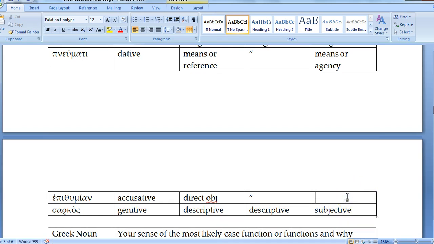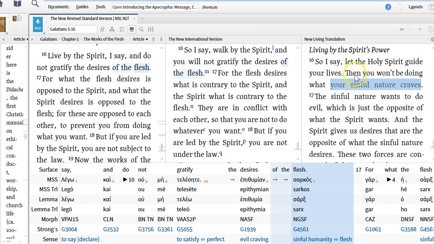I'm not sure we really see too much of the epithumion here, but maybe we do, in that what your sinful nature craves is altogether a direct object of doing. You won't be doing X, where X is not just a simple noun, desire. X is now a whole relative clause, what your sinful nature craves.